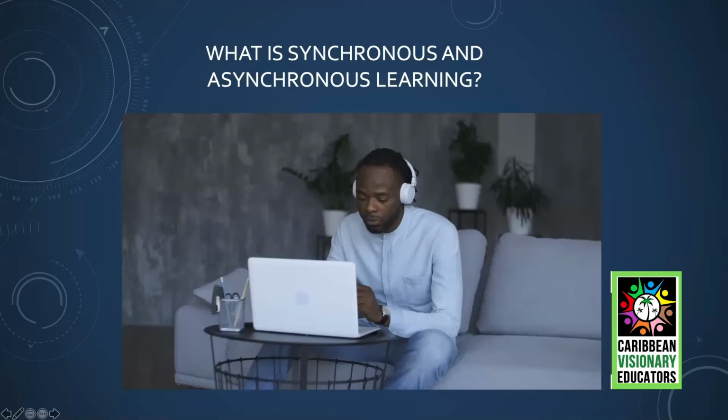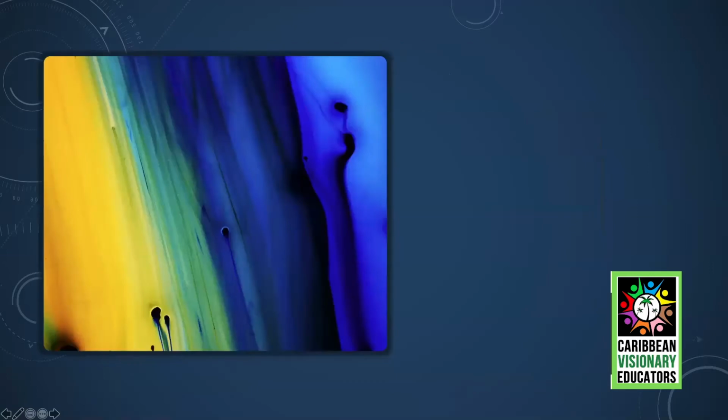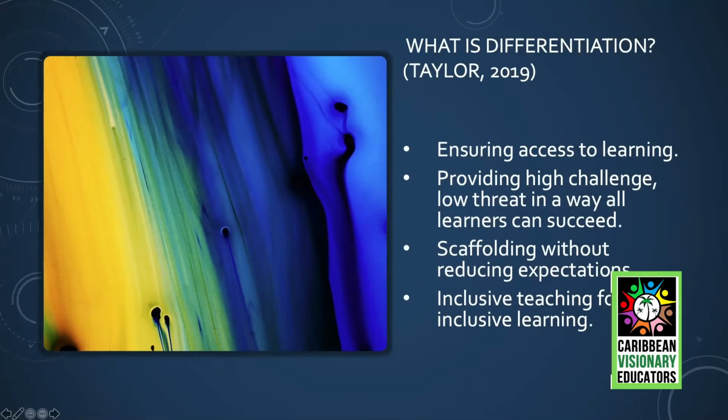Now, if I pose the question to you, what is differentiation? I want to pause for 10 seconds or so for you to say to yourself, what word comes to mind? Taylor did some research with a group of teachers, and he went on to say that it's providing challenging tasks to individuals, creating that low threat environment to ensure that all learners succeed.